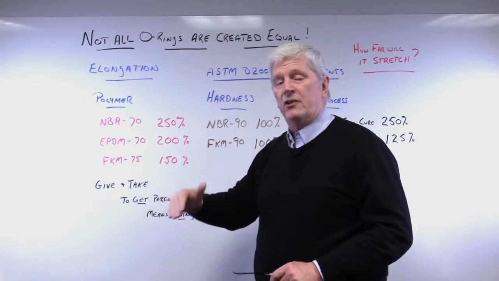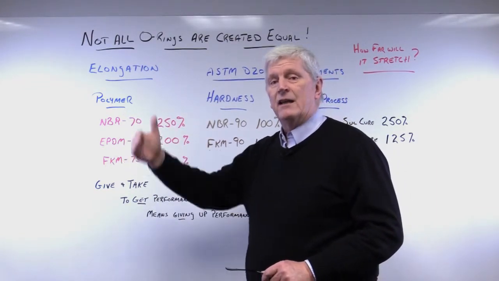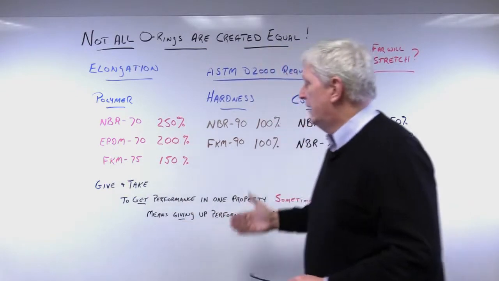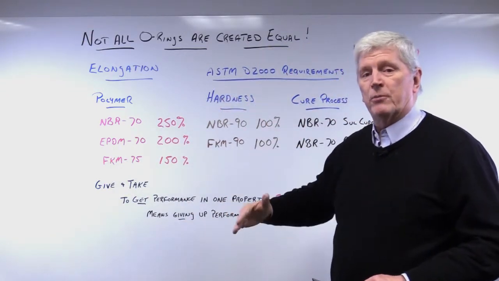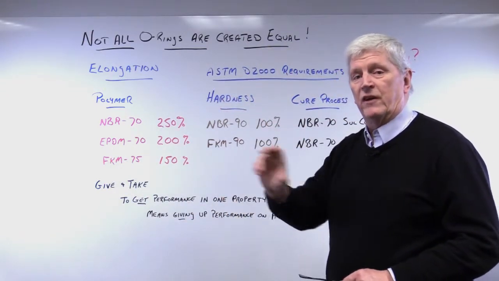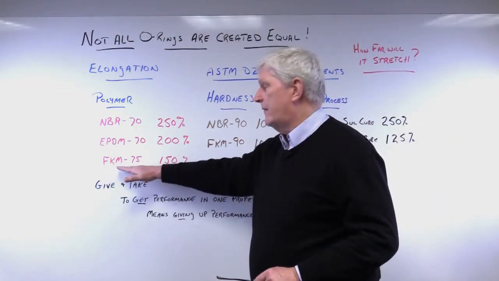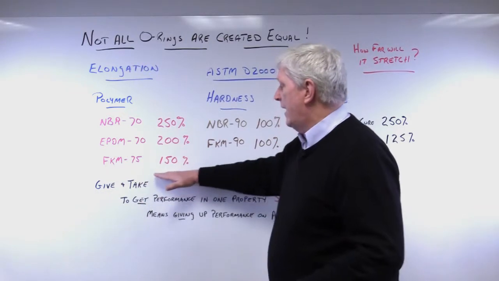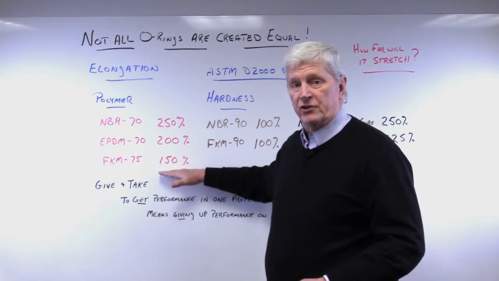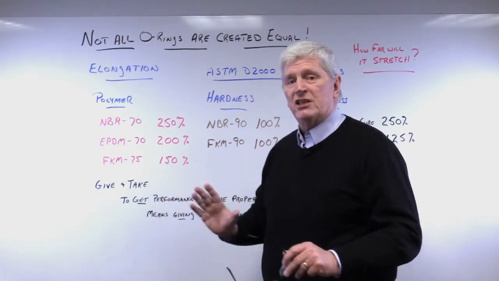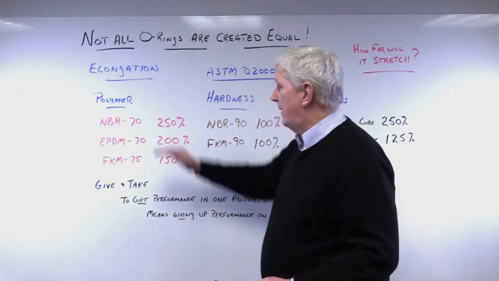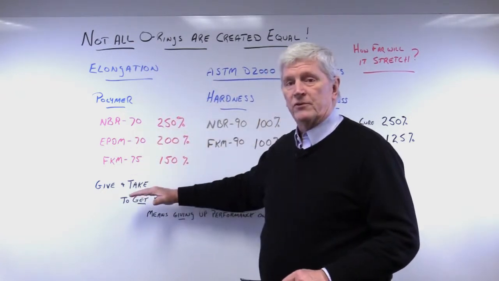Again, most quality compounds will exceed that by a good measure. Now, the closer you get down to 100%, the tighter that those variances will be. With an FKM or a fluorocarbon material, 75 durometer, very common, now you're looking at only 150% stretch. So from a pure base polymer standpoint, standard compounds, these are your norms.